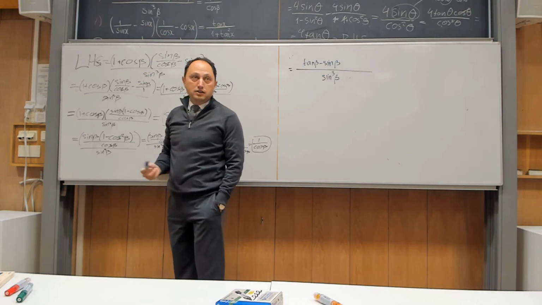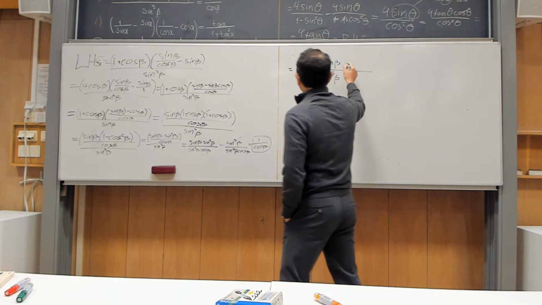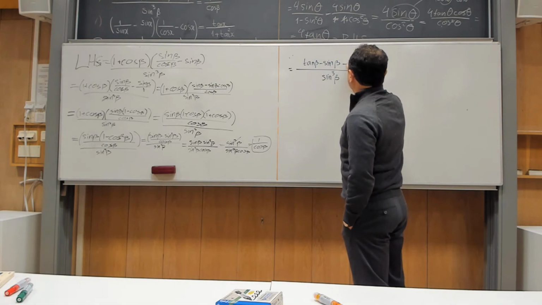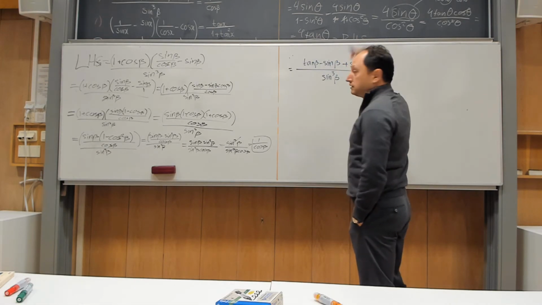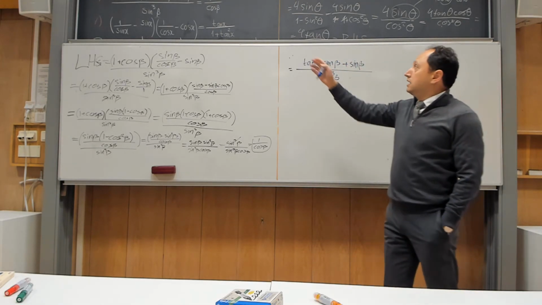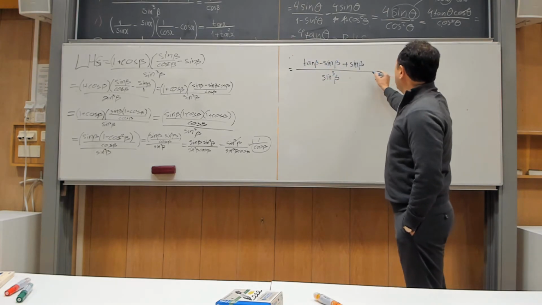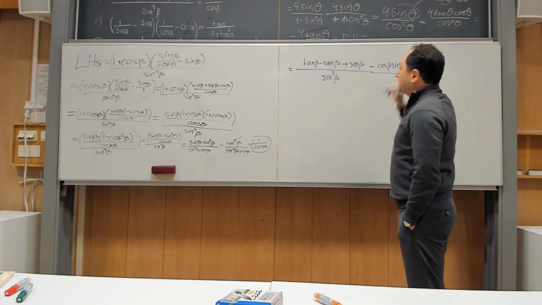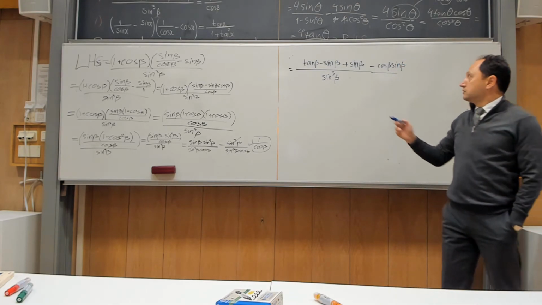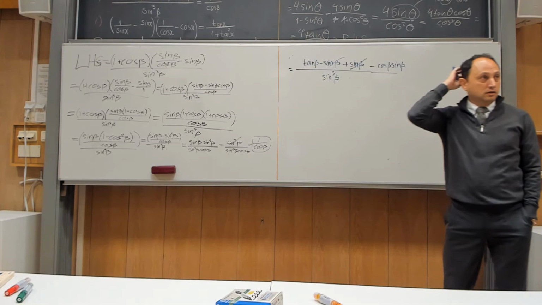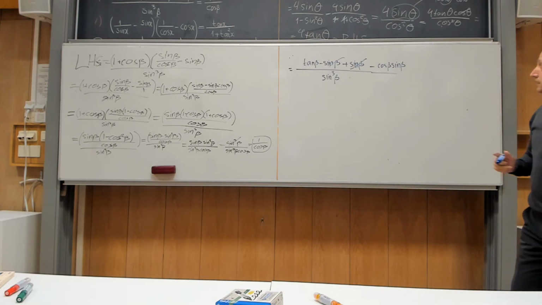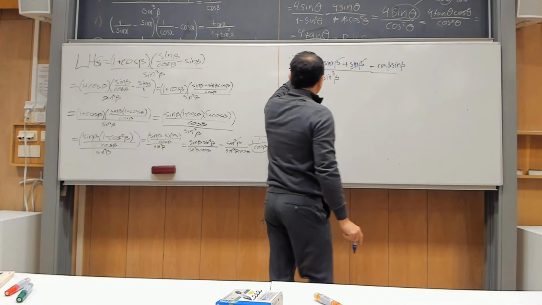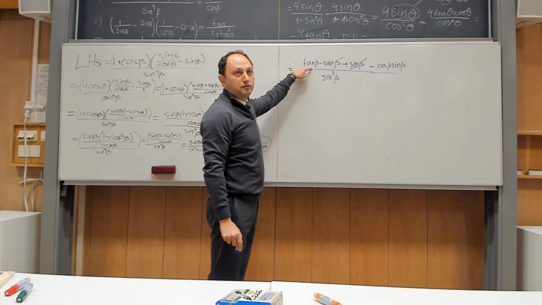Cosine times tangent, I do it in my head, is sine. So it becomes plus sine beta. And then I multiply cosine by that, it becomes negative cosine beta sine beta. Agree or not? I just multiplied it. Then suddenly I get rid of that. And then the same story, this tangent is a partial fraction.